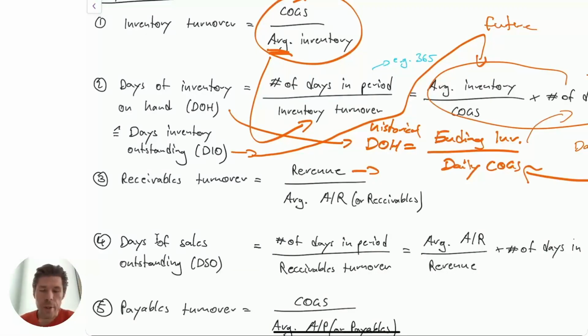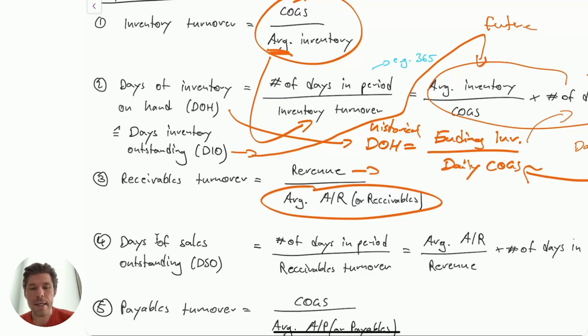If I say revenue, we can also replace it with sales. It would actually be more adequate to use not total revenue, but the revenue or the sales made on credit, because this is what we are measuring against. However, this information is not easily available, so we usually go for revenue or sales and then average accounts receivable.